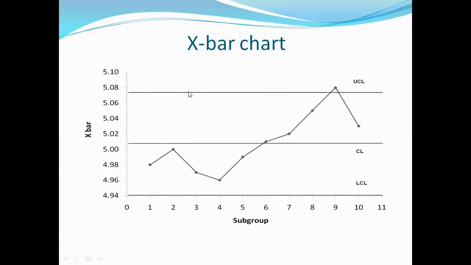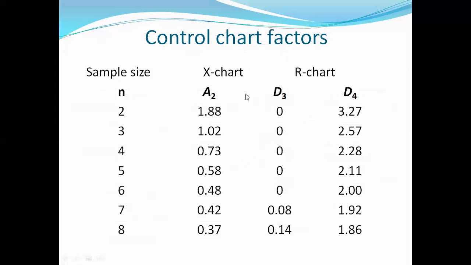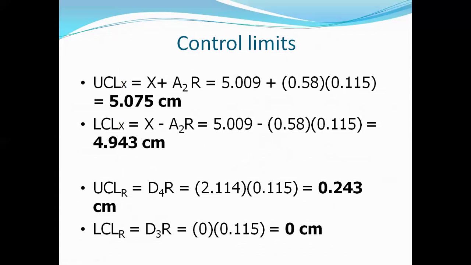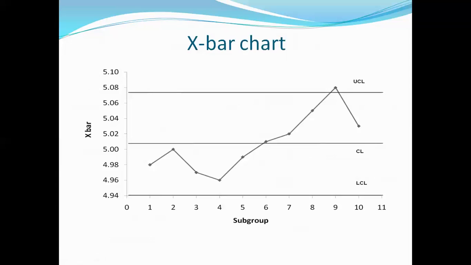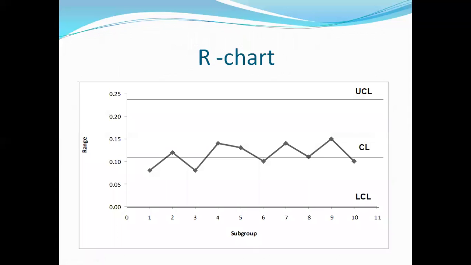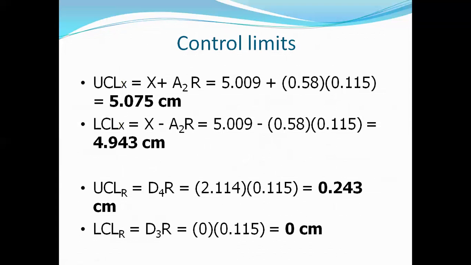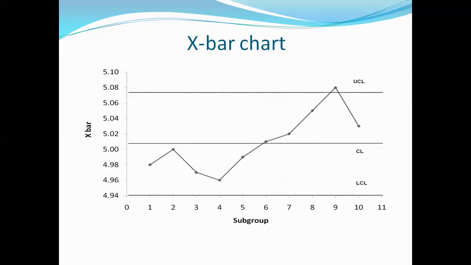Okay. Now draw the UCL. Where does your UCL lie? UCL is 5.075. So it is below 5.08. So mark UCL. How do you plot the LCL? LCL similarly to UCL. LCL is 4.943. So 4.943 is here, and the control limit line is x double bar. Now join all these dots corresponding to the mean bar value, and you plot this type of curve.